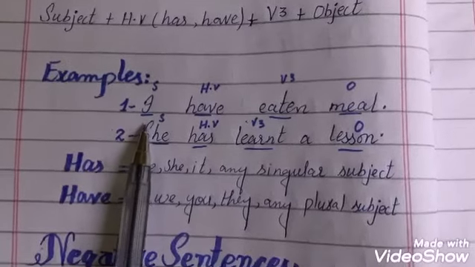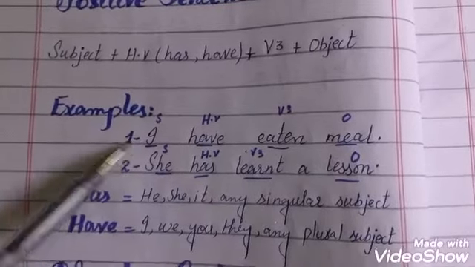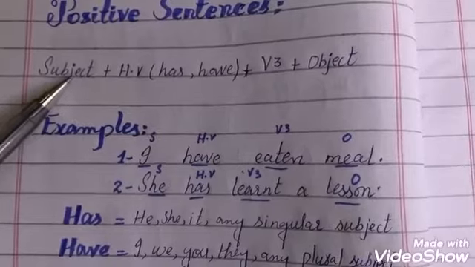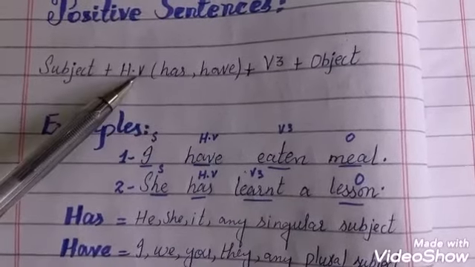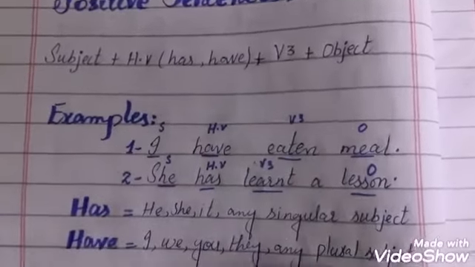Its example is: I have eaten meal. In this sentence you can see we have used first of all subject according to our structure, then helping verb, and then V3, in the last we have used object.